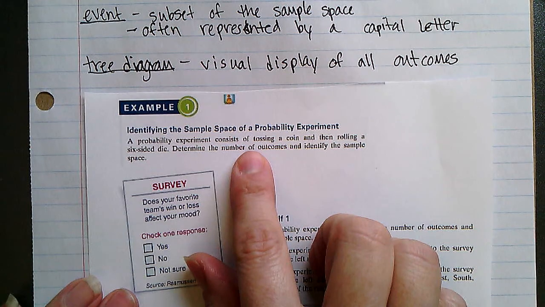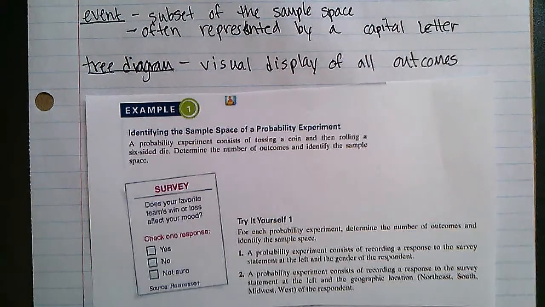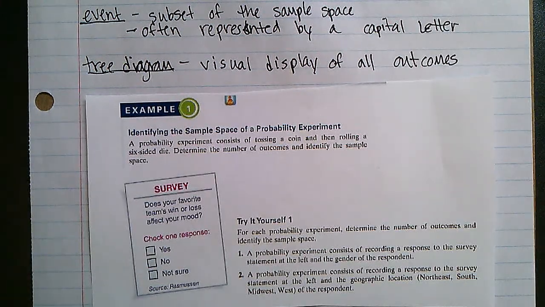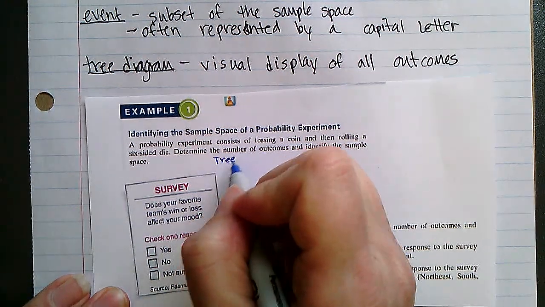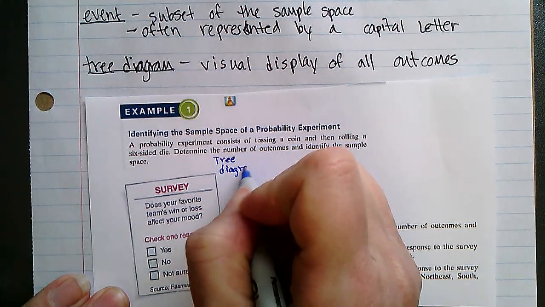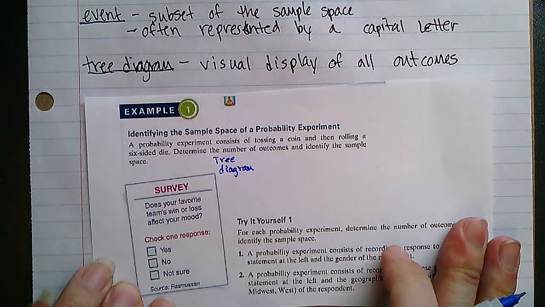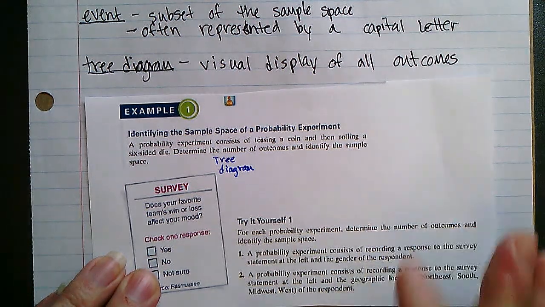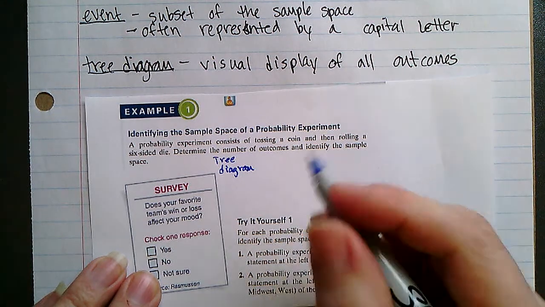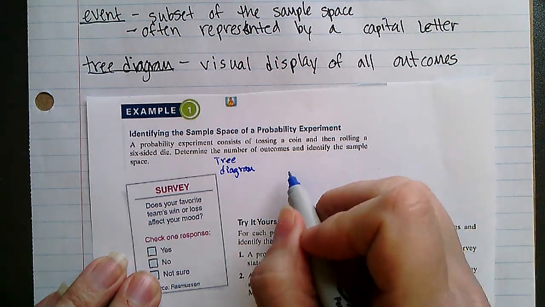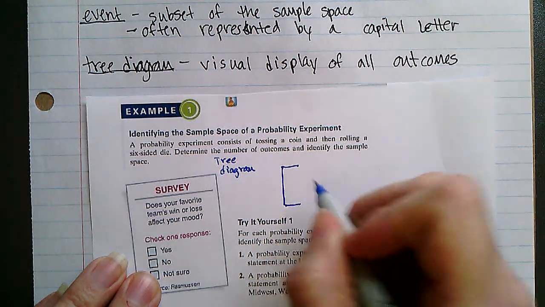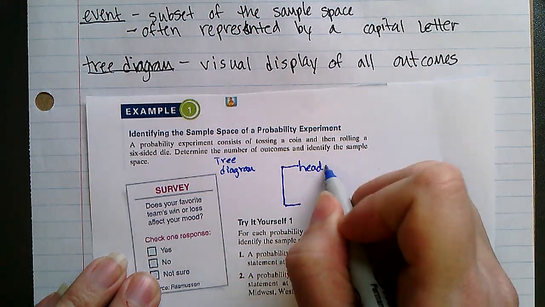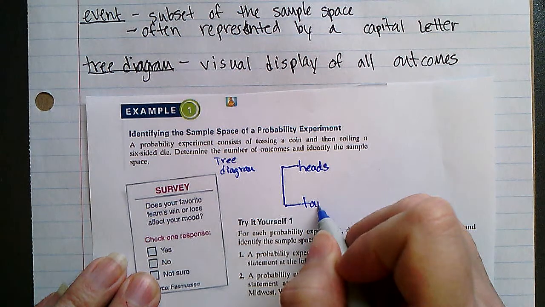So in this experiment, where we are tossing a coin and then rolling a dice, we're going to go ahead and make a tree diagram to represent that. The first event that's going to happen is that we will toss the coin. And when you toss the coin, there are two possible outcomes. The coin could land on the head side or the tail side.